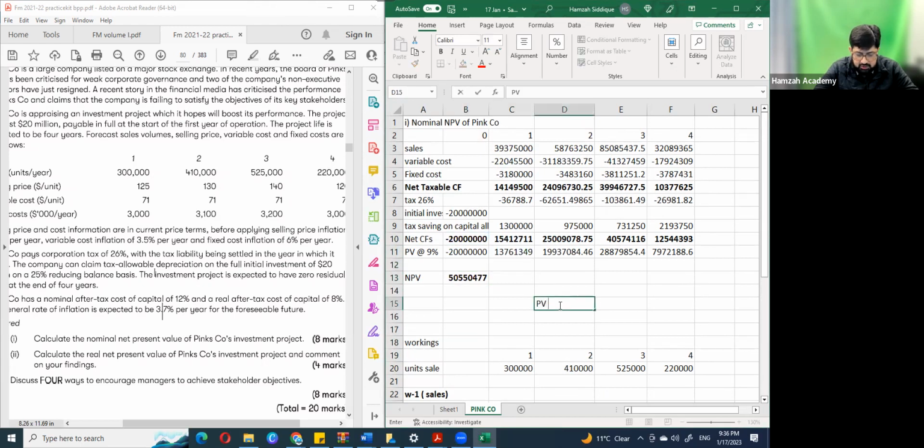Present value is equal to future value into 1 plus r raised to power minus n. You see here, this is the present value formula. Net cash flows. Present value minus n. R is the rate of return. This is the future value.